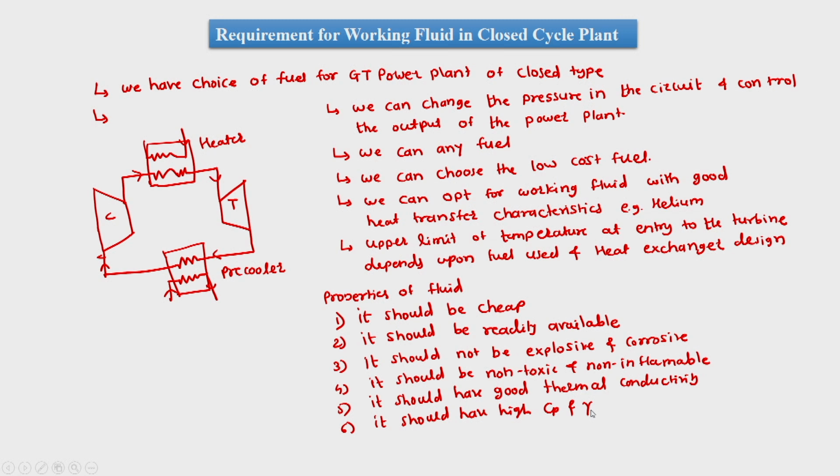Here we mean Cp as specific heat at constant pressure, and gamma as the specific heat ratio. As we know, helium is a monoatomic gas and it has the highest gamma, 1.66. So helium is a good gas for the closed cycle gas turbine power plant.